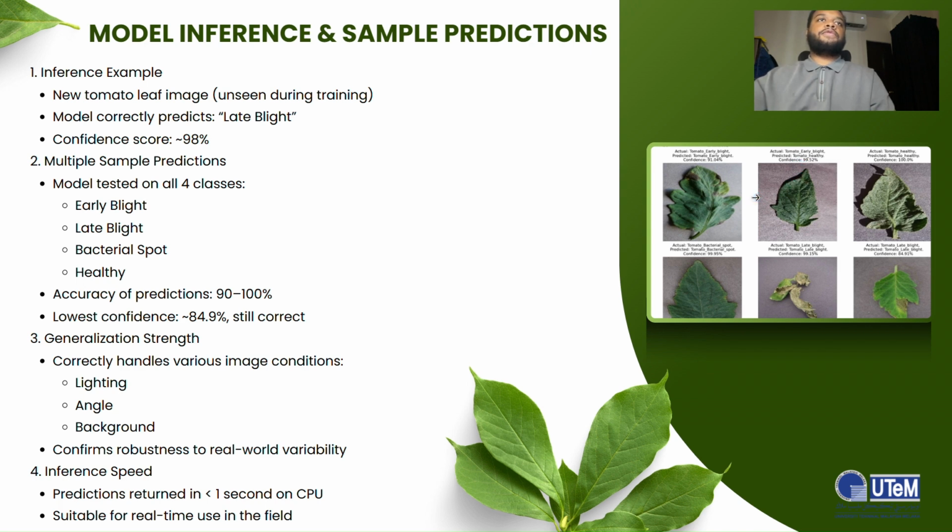The accuracy of prediction ranges from 90 to 100%, with the lowest confidence around 84.9%, still correct. The generalization strength holds across variation in image conditions: lighting, angle, and background.